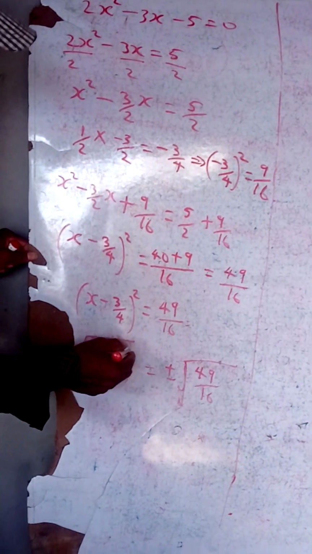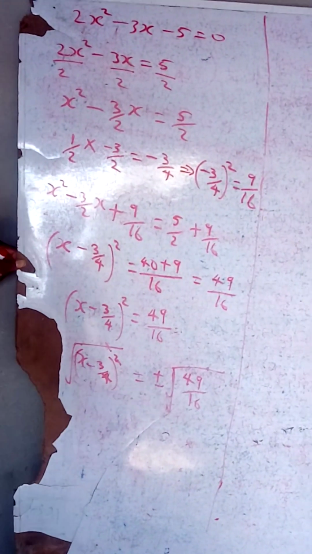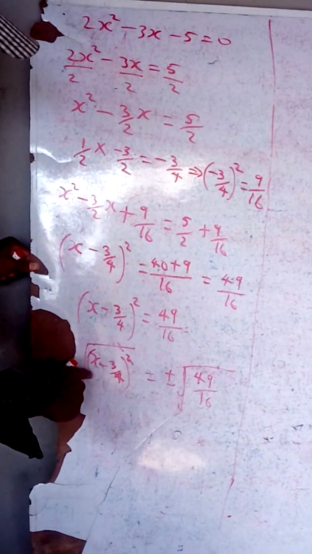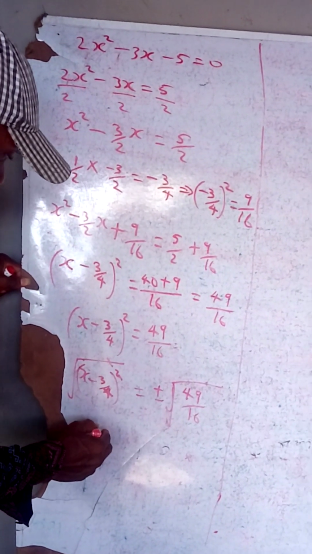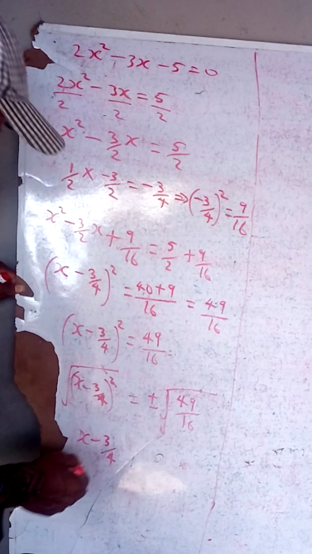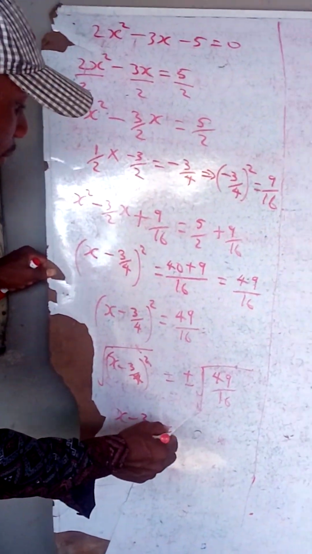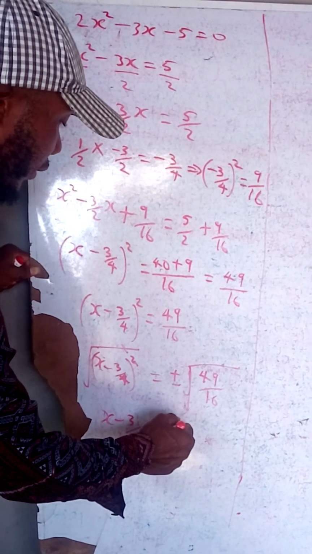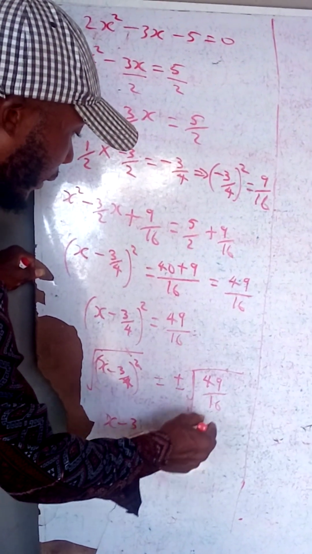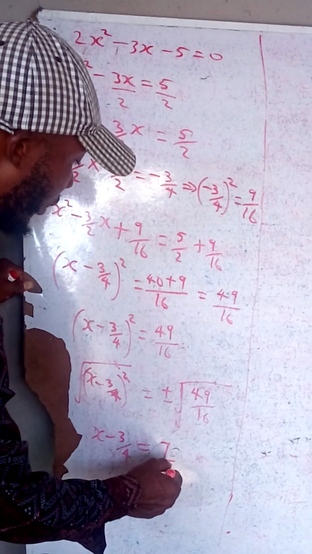This square root and this square are equal. They are going to cancel out. It's going to be 1. So x minus 3 over 4 raised by 1 is still x minus 3 over 4. It's equal to the square root of 49 is 7, and the square root of 16 is what? 4.